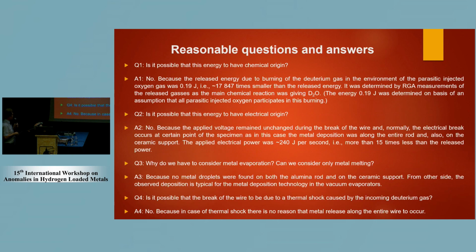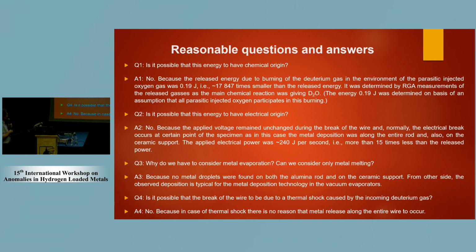Further, reasonable questions. Is it possible this energy to have a chemical origin? No. As a matter of fact, yes, there is a chemical release of the energy, but it's only 0.19 joule. How did I determine this energy?